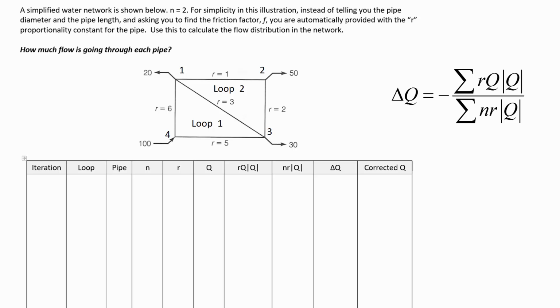Remember, pipe 1-3 is also in the first loop, but we have to look at it in both loops. So our N value is 2 for all of those. Our R values we can get off of the drawing. So it's 1 for pipe 1-2, 2 for pipe 2-3, and 3 for pipe 1-3.